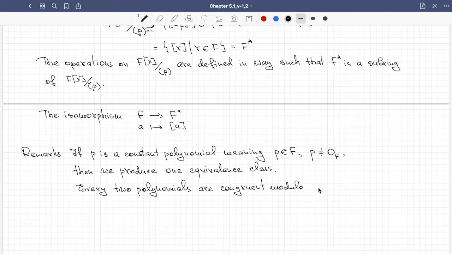This is a unit. That is very easy to check. Just take the definition. What does it mean for two polynomials to be congruent modulo another polynomial? Check, or let me do it for you.